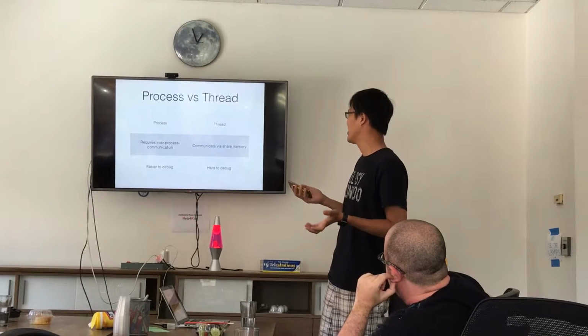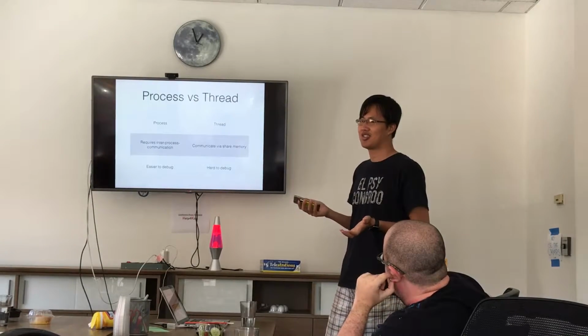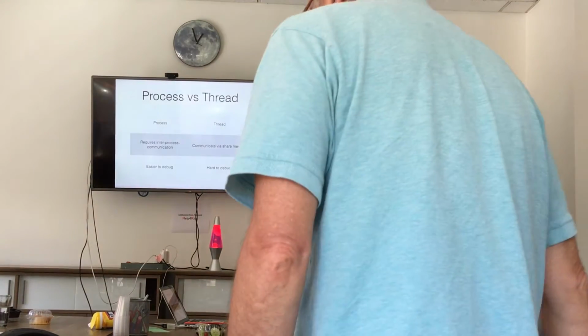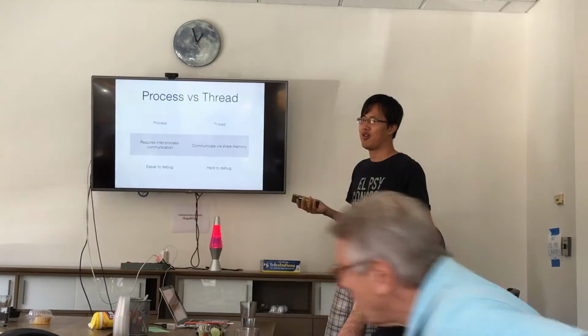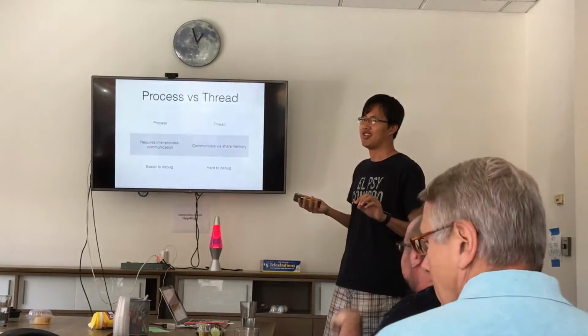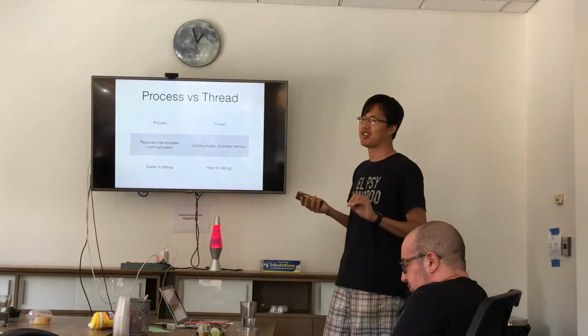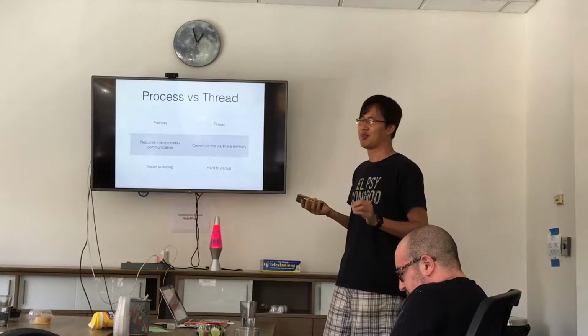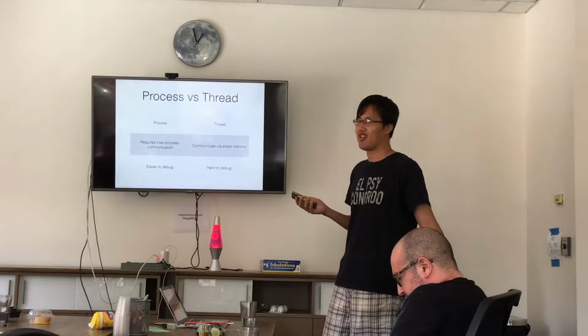But threads are really hard to debug because you might introduce a lot of memory race conditions, since you are sharing one memory. If one thread is changing something while another thread wants to access the same thing at the same time, you'll have a race condition. They introduce lots of weird bugs. This is why concurrent programming is hard.